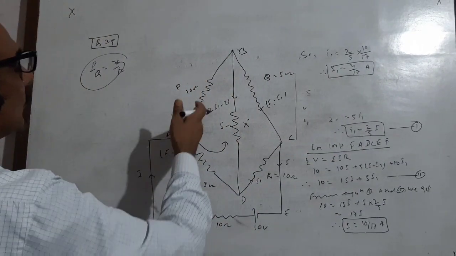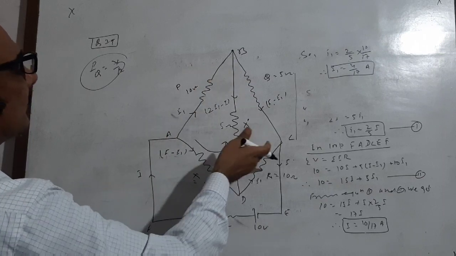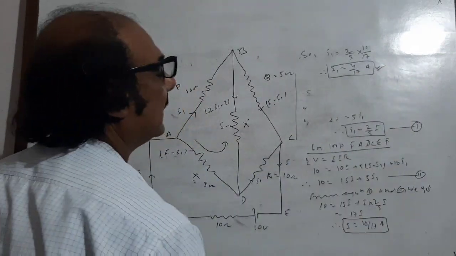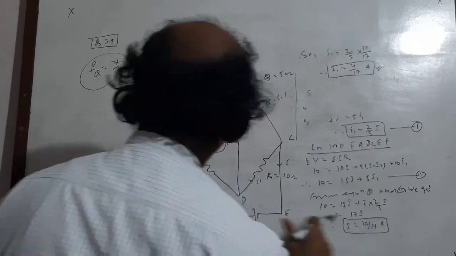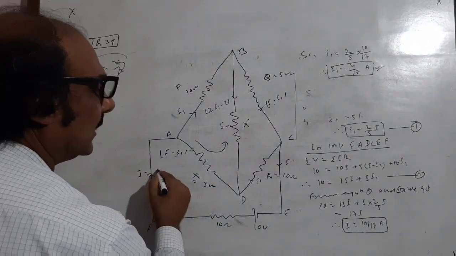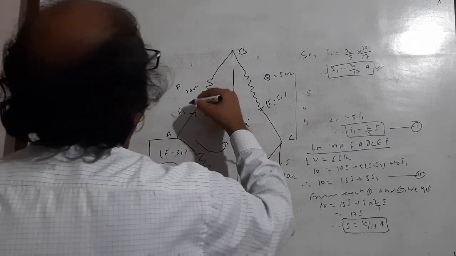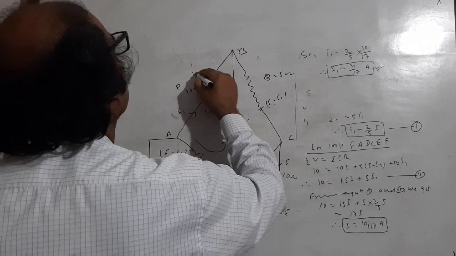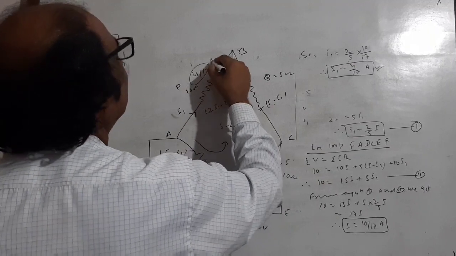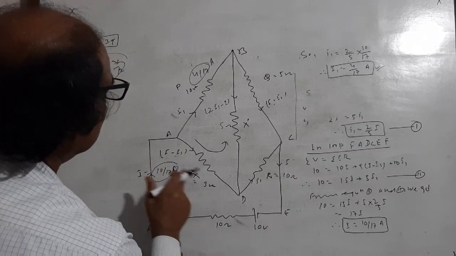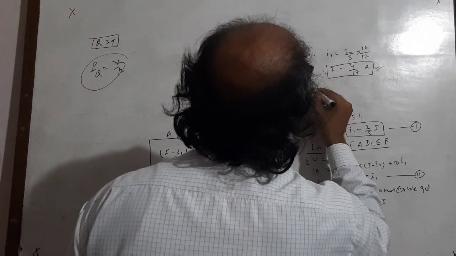So the question is to find the current through the different branches. So here I1 equal to 4 by 17. Main current I equal to 10 by 17. I1 equal to 4 by 17 ampere. And now current in the branch, this is I minus I1.